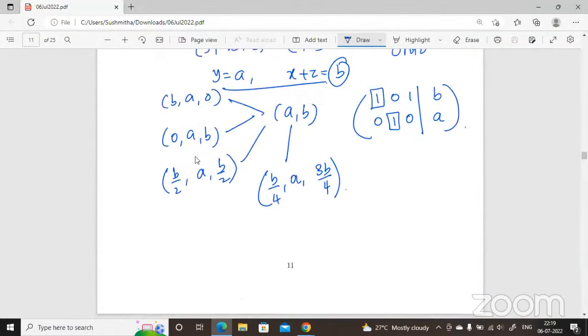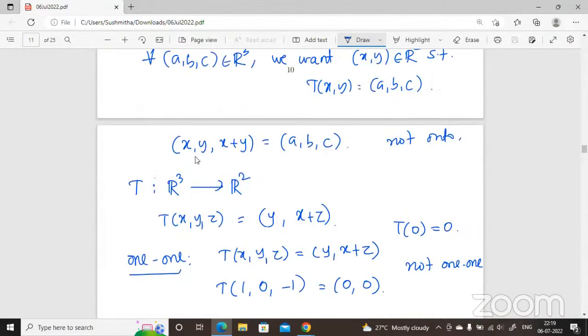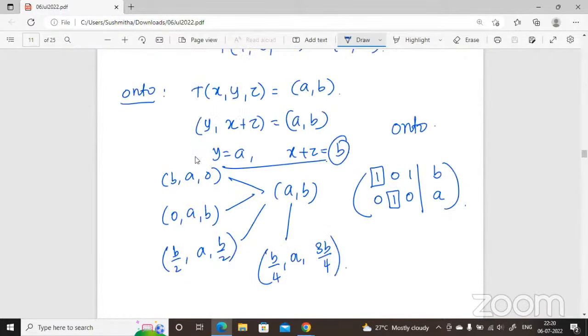Is the second example onto because it has an infinite number of solutions? Yes, this is onto. You can always produce a pre-image, because it has an infinite number of solutions. (a, b, c) is random, so I have produced infinitely many pre-images for a single a.